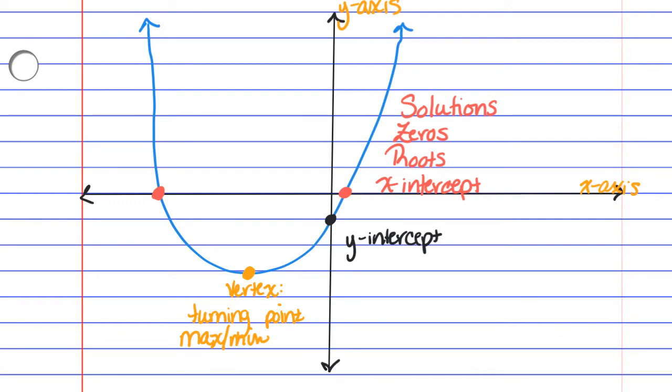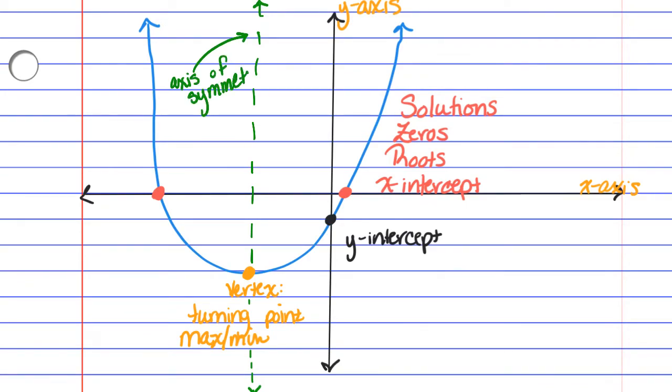Now, what's really nice about that vertex is that, remember back when we spoke about transformations and folding something in half? Parabolas also can be folded in half, or they are symmetrical. This invisible line is referred to as our axis of symmetry.